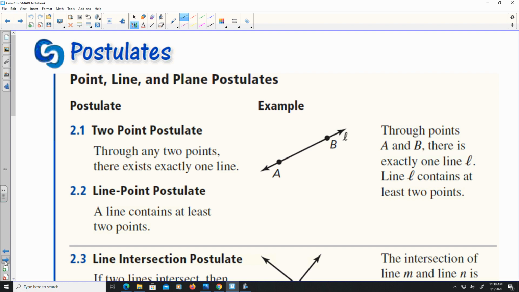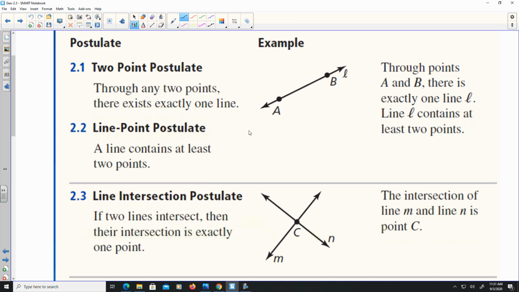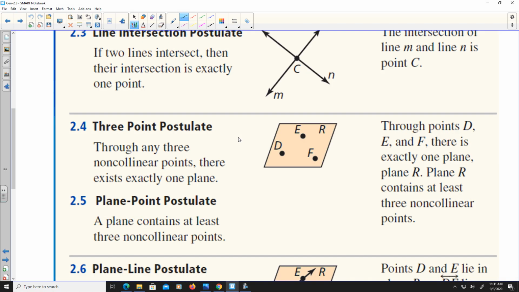So to start with, we have a few postulates with respect to points, lines, and planes. I won't go over them a ton here in the video.